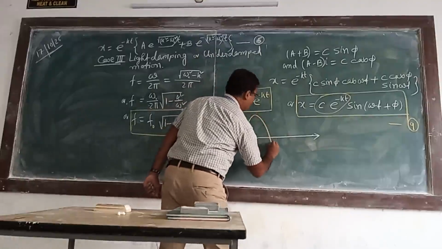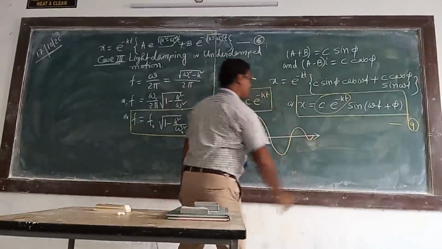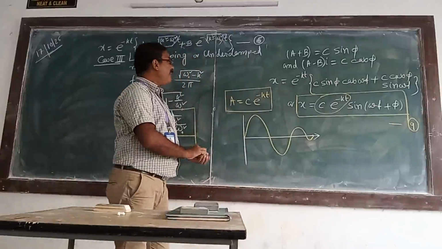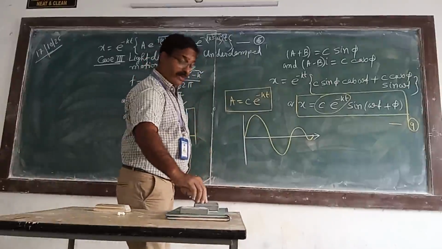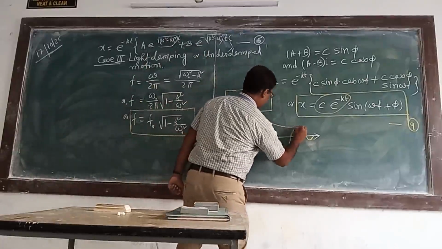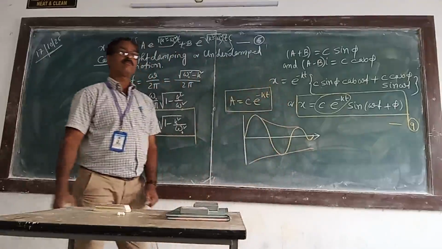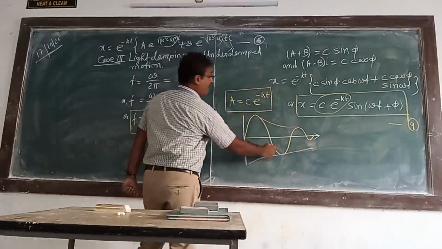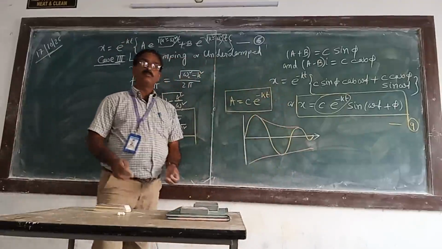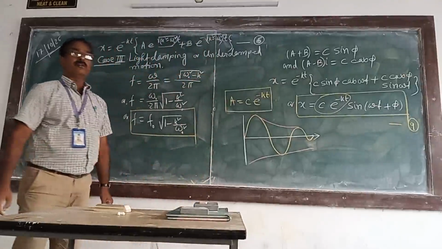For the sine term we get the sine curve, and for the c e to the power minus kt we get the amplitude, which decreases exponentially. So this is the damped oscillatory motion.